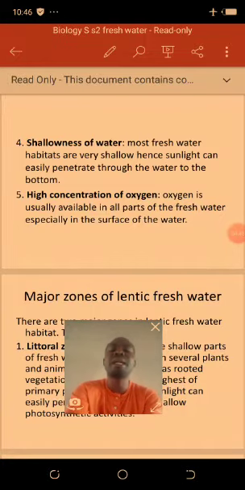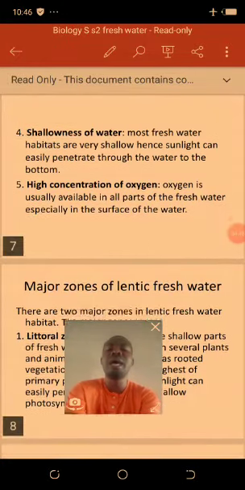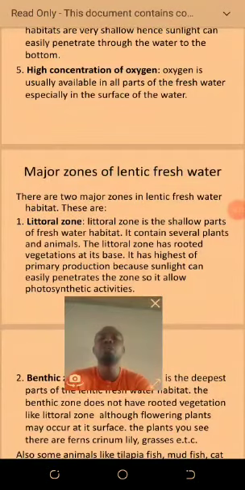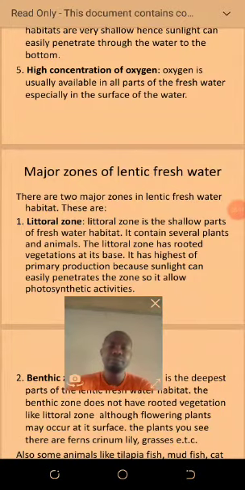Now let's look at the fifth one, which is high concentration of oxygen. Oxygen is usually available in all parts of the fresh water, because they are not as deep as the marine. That is why oxygen is always present there.